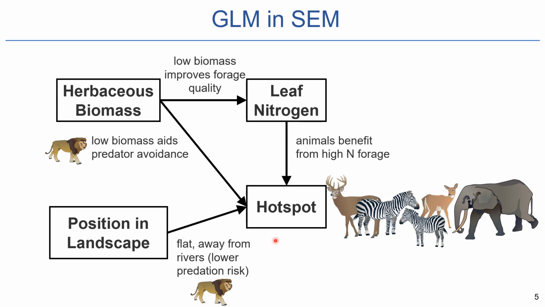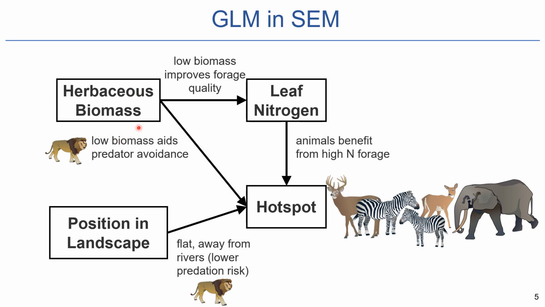And the authors presume that position in landscape affects whether this place is a hotspot or not, because if the position is further away from the river and it's flat, it lowers the predation risk, and then it affects these places to be hotspots. Or also simultaneously other factors affect that, such as biomass of plants.